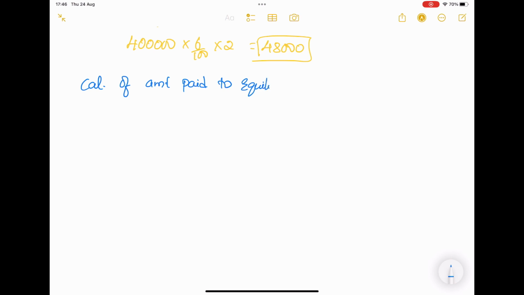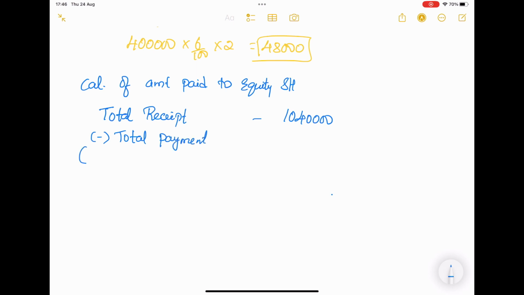How much amount they are going to exactly get, that we are going to calculate. Okay, so here it's not the exact format, but this is the way we are going to calculate. So first we are going to mention the total receipt. So total receipt is how much? 10,40,000. So from this total receipt we are going to subtract all the payments, so total payments including preferential share capital and also the dividend.